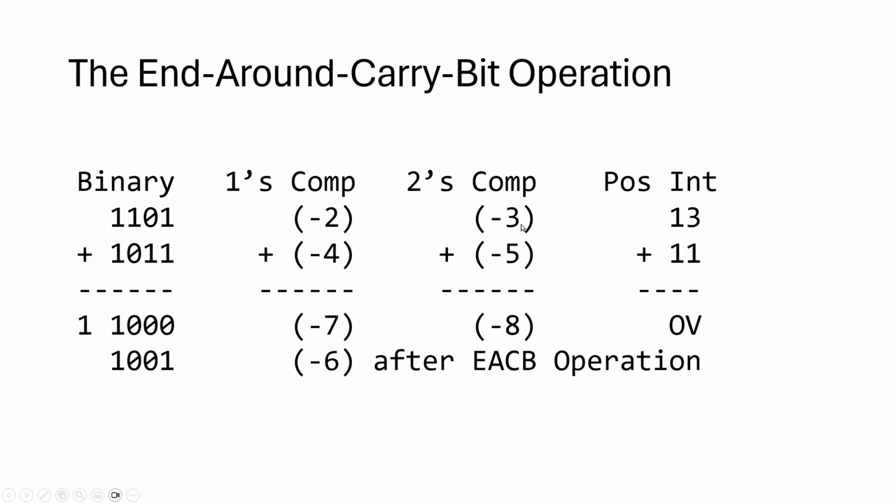So -3 plus -5 is equal to -8, and that's what this number represents in the two's complement system. 1, 0, 0, 0 represents the number -8. You don't have to worry about the carry operation that takes place here, because all this is doing is duplicating the sign bit.